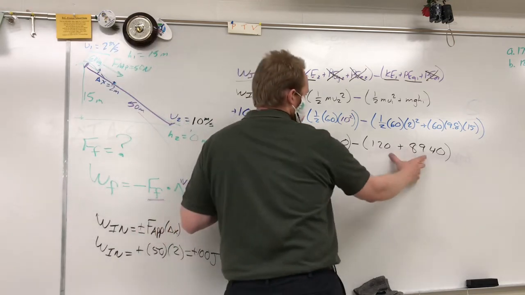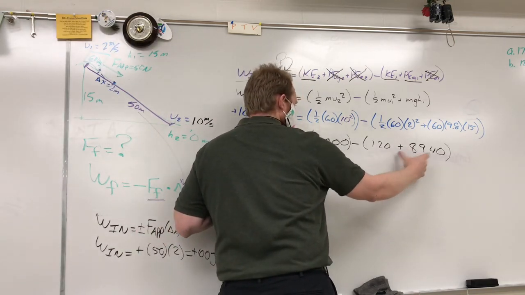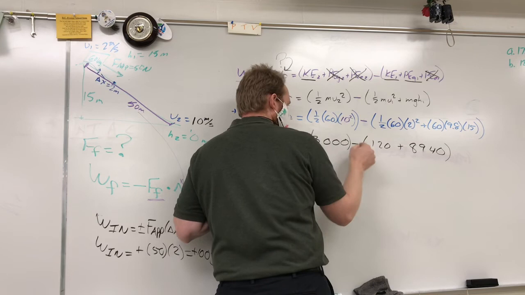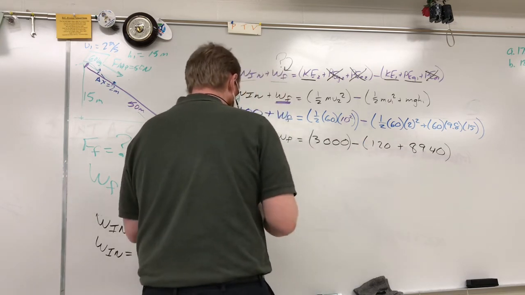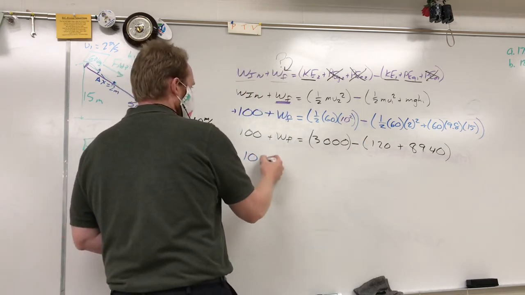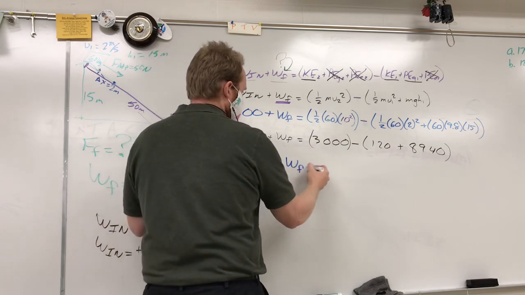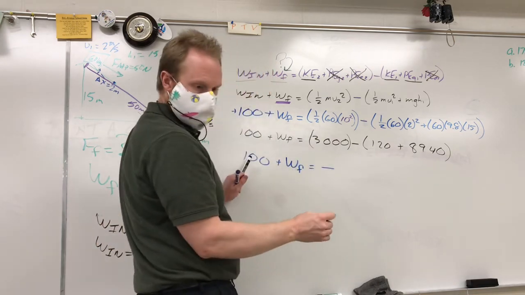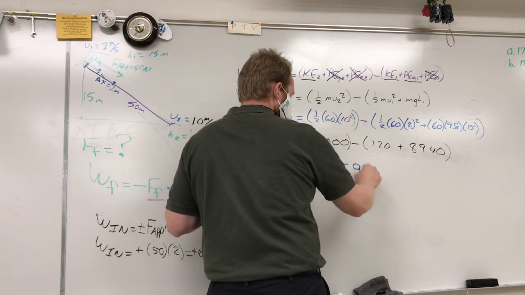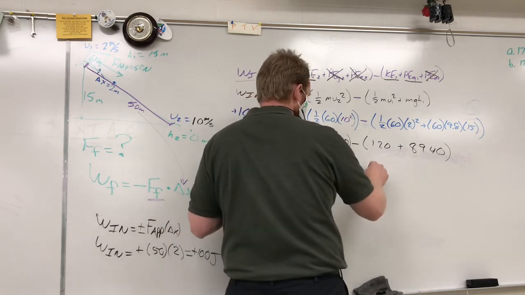Got to do the addition first. After you do the addition in parentheses, then 3,000 minus this is going to give you a negative number. It's going to be negative 5,940.